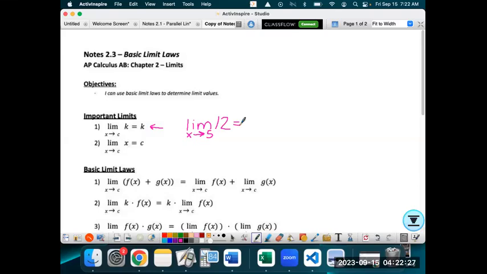Constant functions are just horizontal lines. So no matter what X value you are approaching, all of the Y values are still going to be 12 or approaching 12. So the limit of a constant, no matter what X value you're approaching, is just the constant itself.